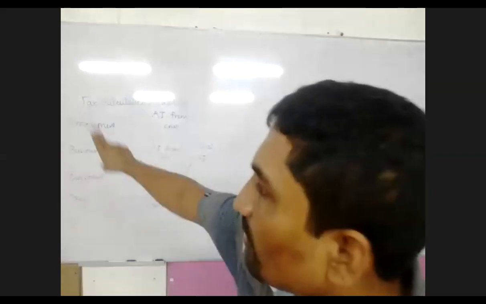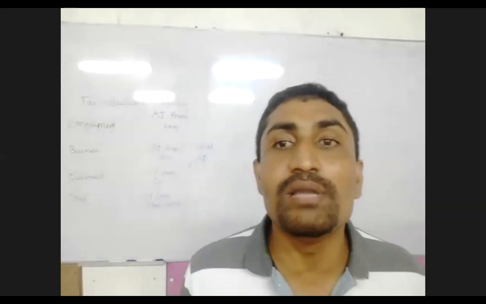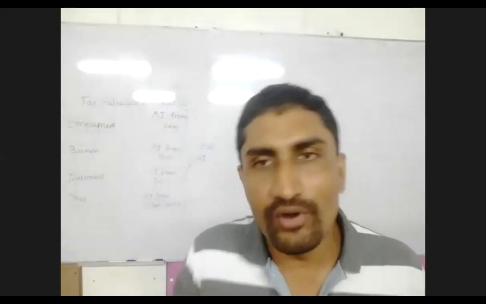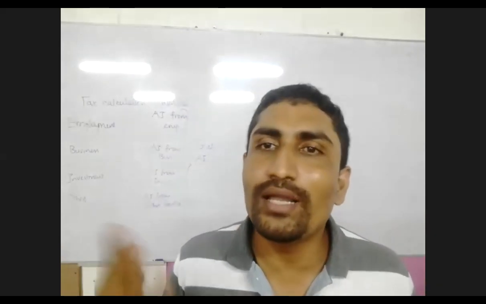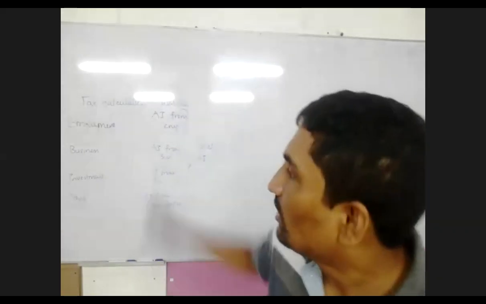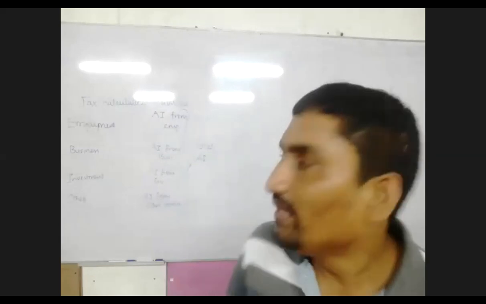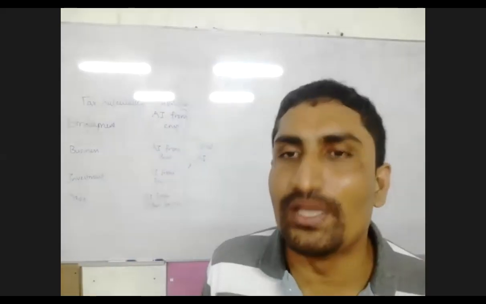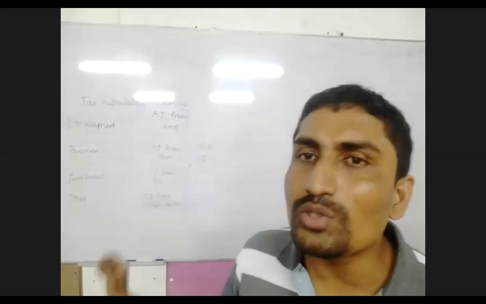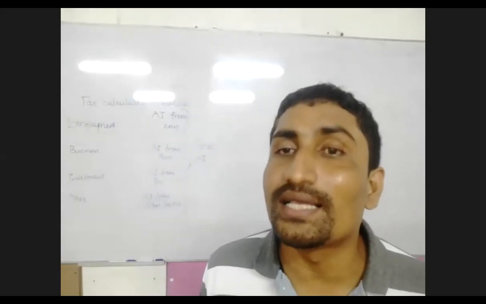So from the employment we have to calculate the assessable income from employment. From the business, the assessable income from business. From the investment, the assessable income from investment. From the other sources, the assessable income from other sources.